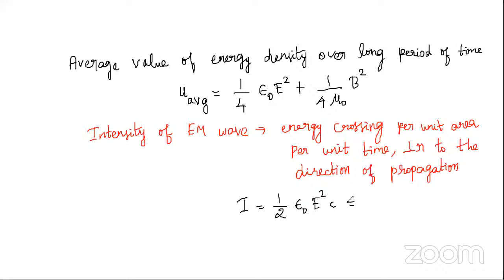And this is also equal to half B squared by mu naught into c. This is the expression for intensity of EM wave.